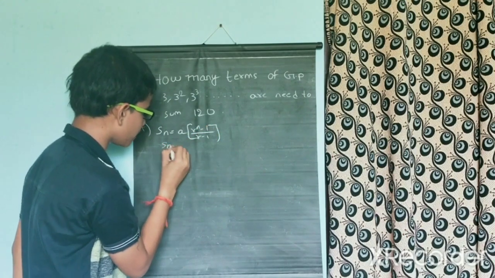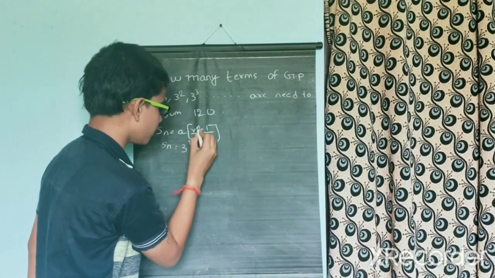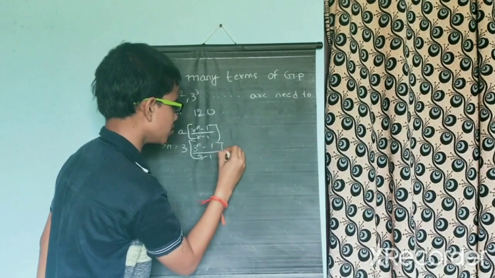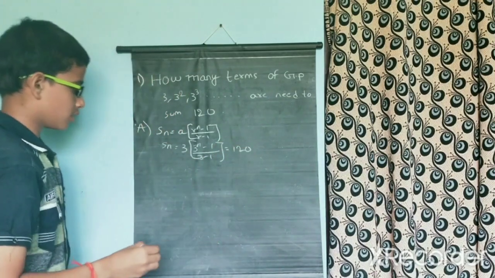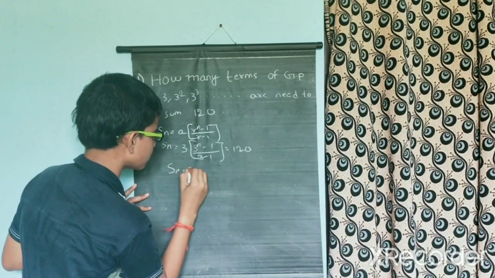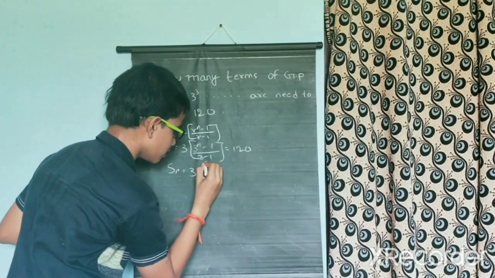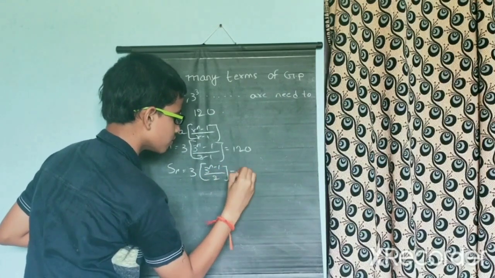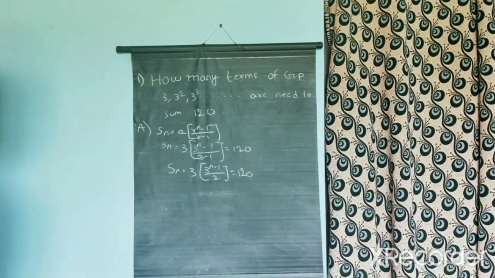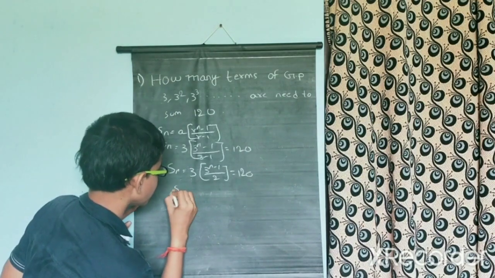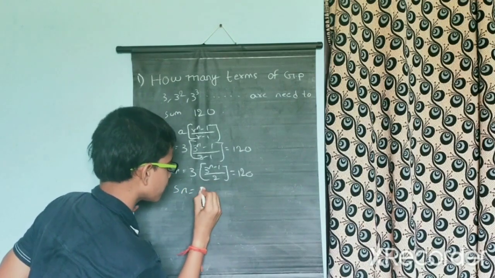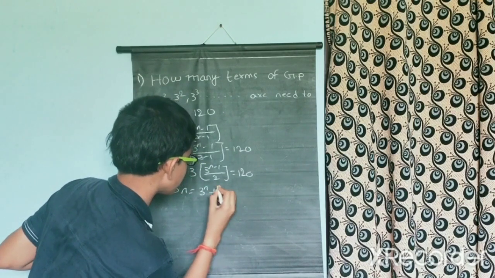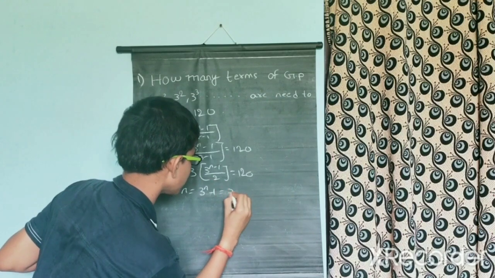Substituting, 3 into 3 power n minus 1 by 3 minus 1 equals 120, so 3 into 3 power n minus 1 by 2 equals 120.